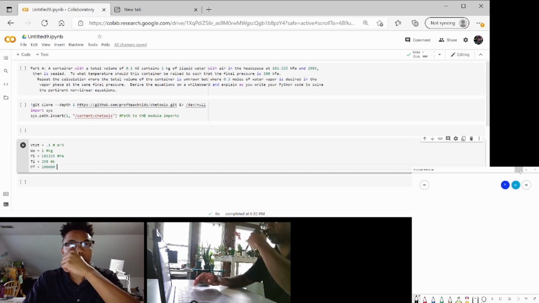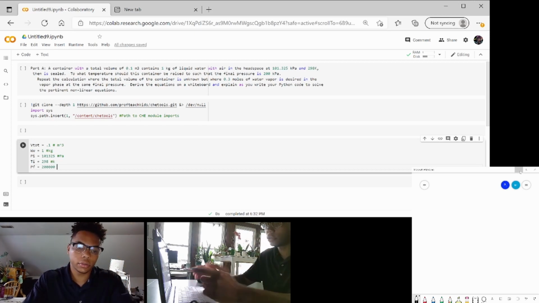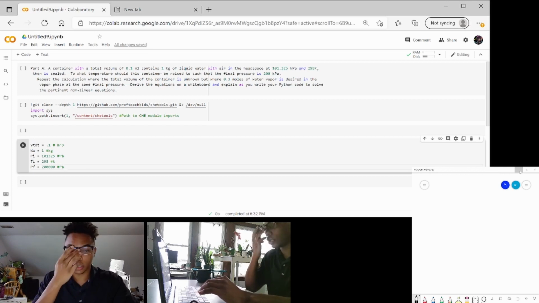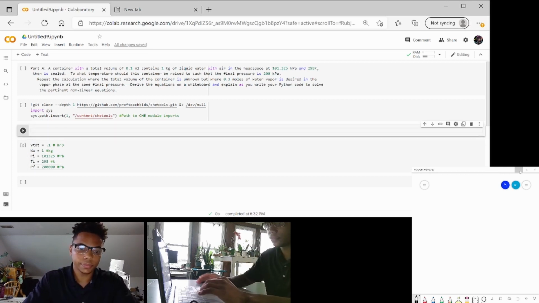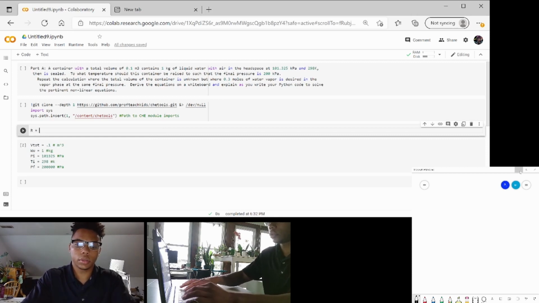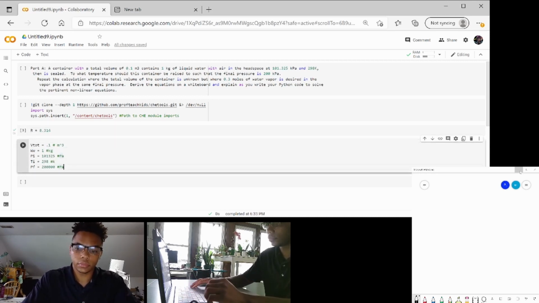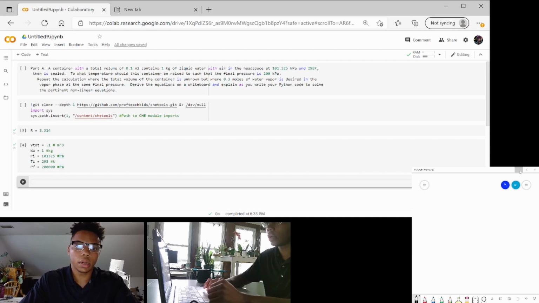So that's 2 times 10 to the 5th, measured in pascals. And we have our R constant. I'm just going to slide that in up here. We're going to name that R equals 8.314. All right, perfect.